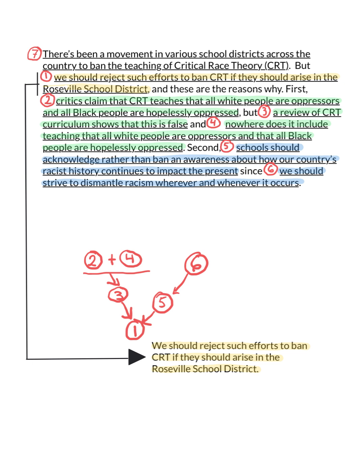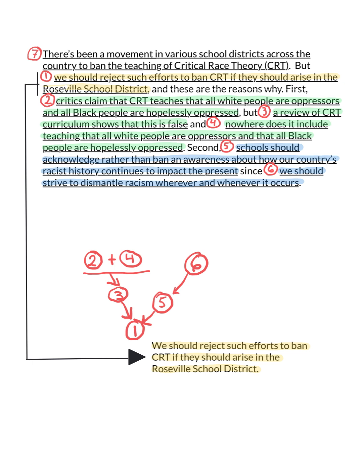But that's not what Claim 6 is doing here. Instead, it supports the idea in Claim 5 that we should acknowledge the ongoing effects of racism by appealing to a more general moral principle that comes in Claim 6, that we should strive to dismantle racism wherever and whenever it occurs. So that principle in 6 justifies that we should acknowledge rather than ban awareness.